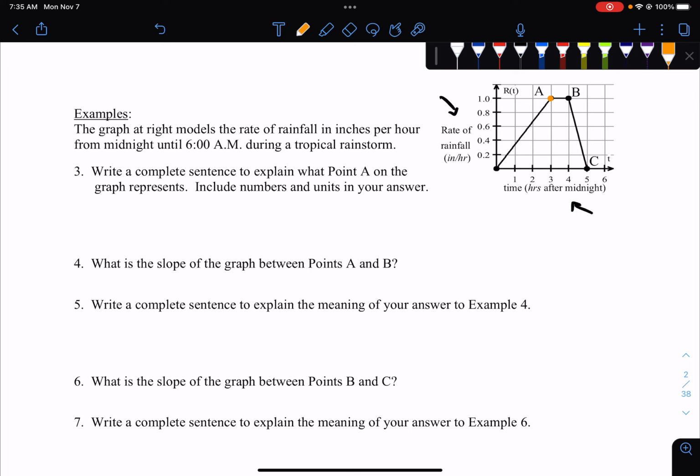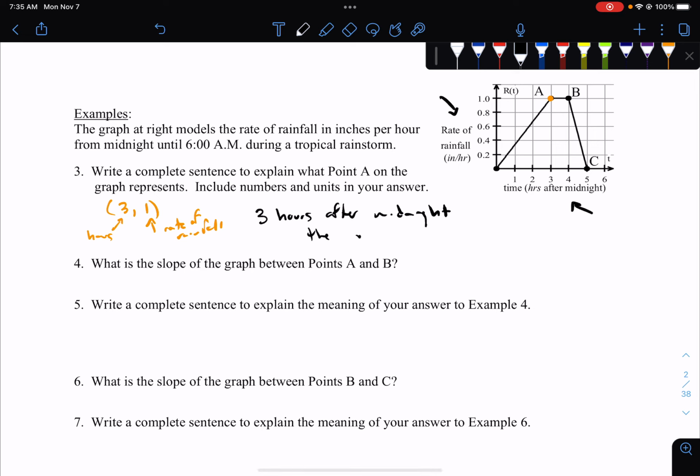Well, first of all, that point is 3, 1. So 3 represents my hours, and 1 represents my Y value, which is my rate of rainfall. So to write what that point means, you could say something like 3 hours after midnight, the rate of rainfall, or you could say the rate that rain is falling.